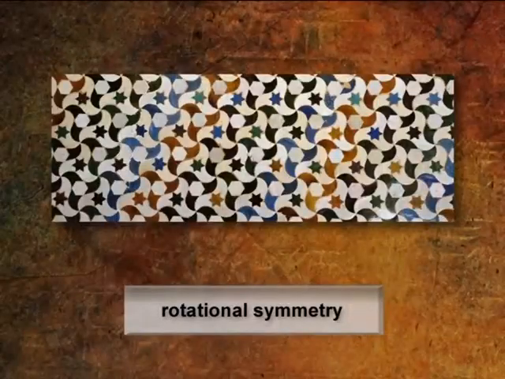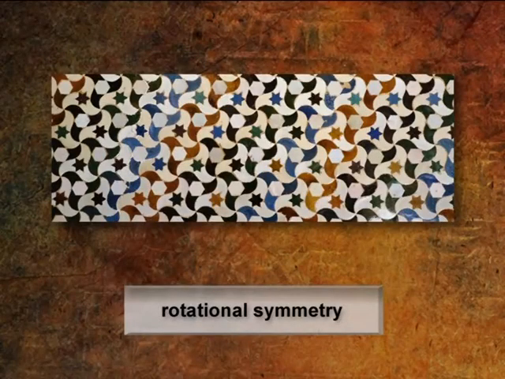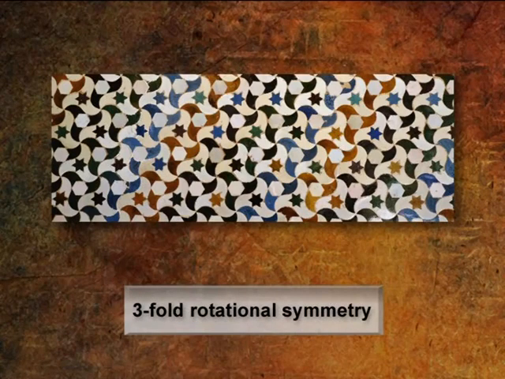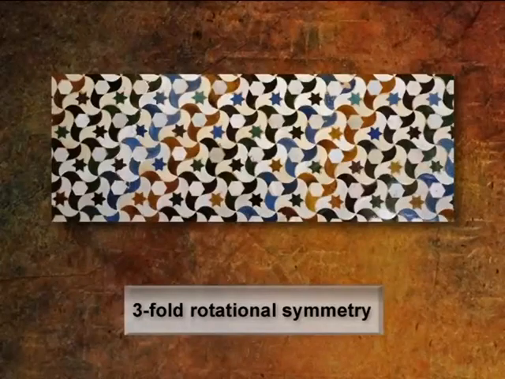There are colors within this tiling pattern that disrupt some of the symmetry, and I think there was an intentional effort on the part of the artist to have the symmetry and yet have something that seems to break it. But if we just look at the geometric patterns, we see that not only do we have translational symmetry, we also have a threefold rotational symmetry.